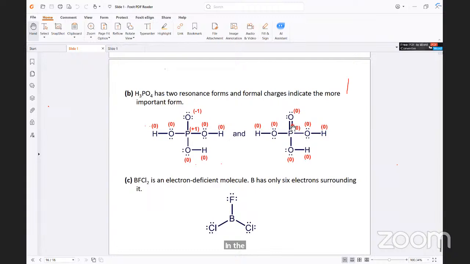That's supposed to be a total of 8. And finally, in this example, you have an electron deficient system.